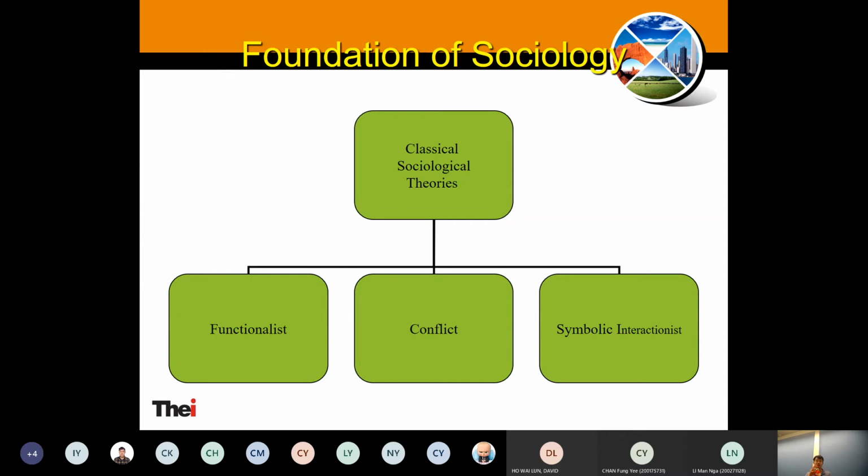So we can see that when we talk about functional approach, we start with the discussion of individual agents of our society, but we also have to talk about the connection among different social agents.